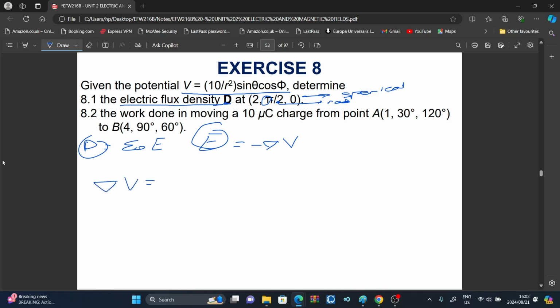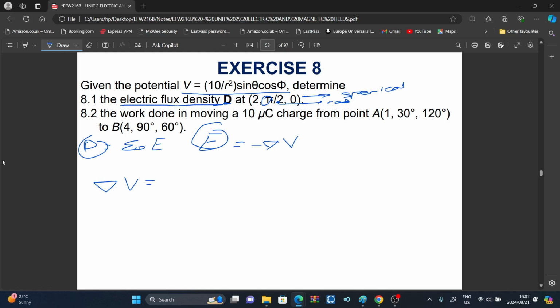Let's say we have three values here, right? We have R, theta, and phi. So we need to differentiate everything in terms of all of them.